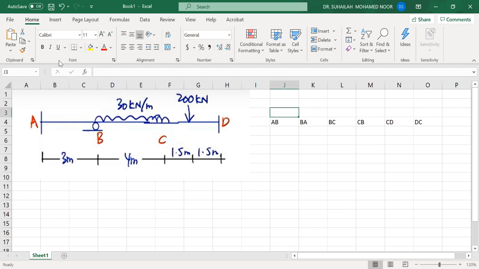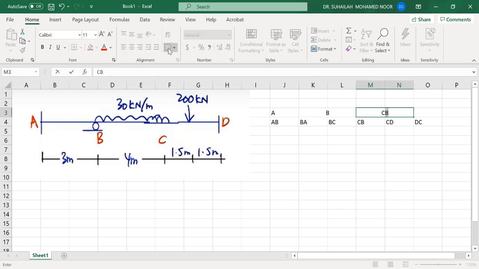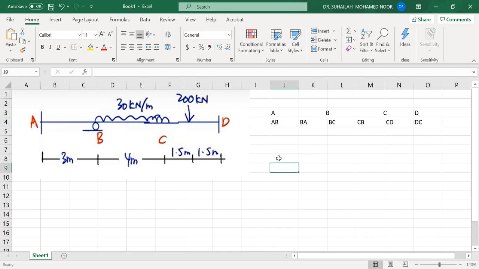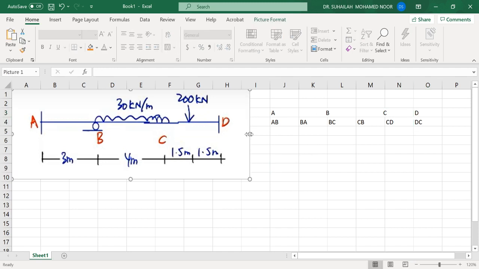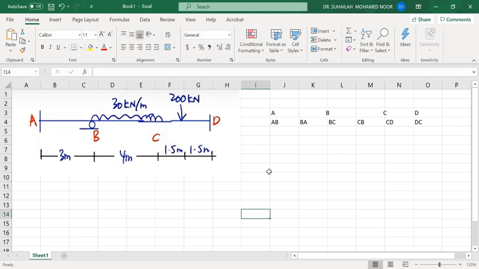Then we have joint A, joint B, joint C, and joint D.